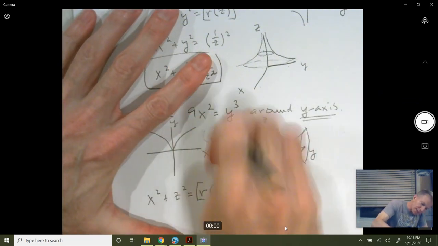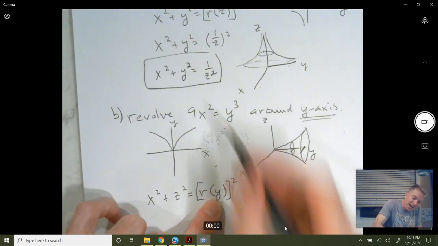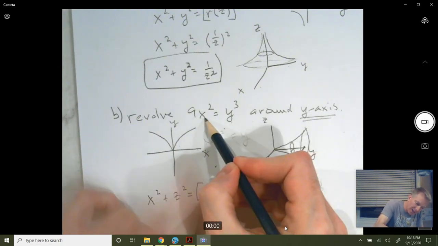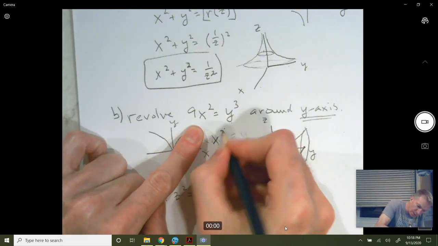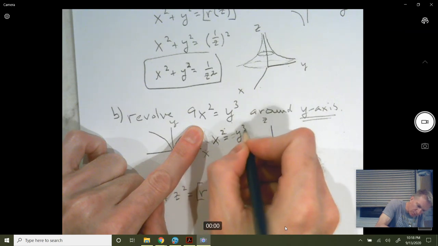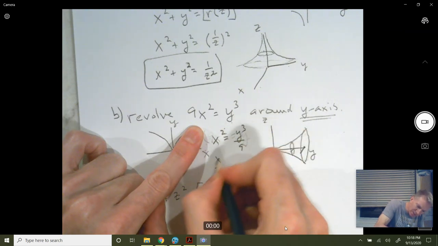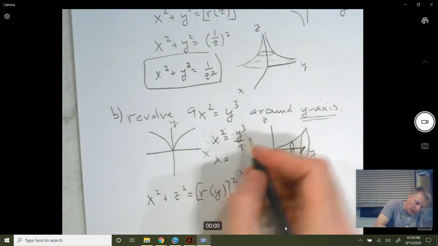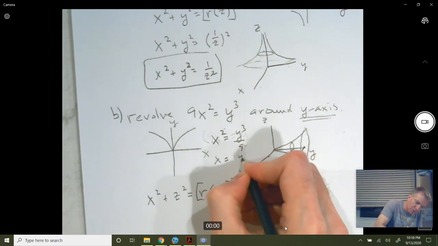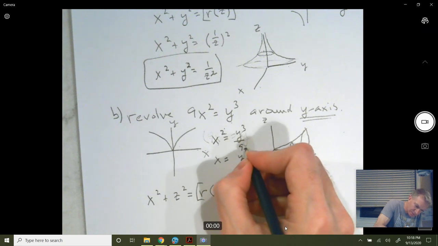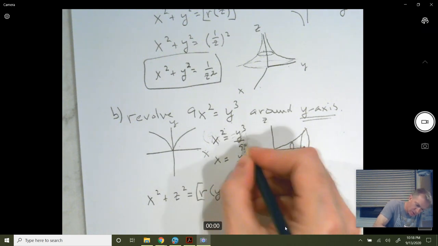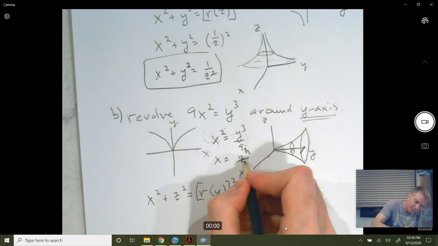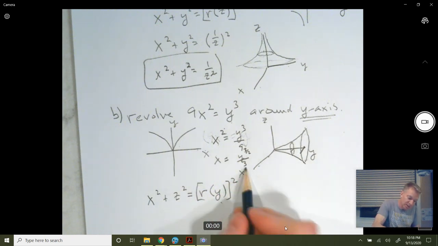We need the radius as a function of y, which means the x value is our radius. So x squared equals y cubed over 9, or x equals the square root of all this. So that's going to be y to the 3 halves over 3. Okay, so that's our radius.